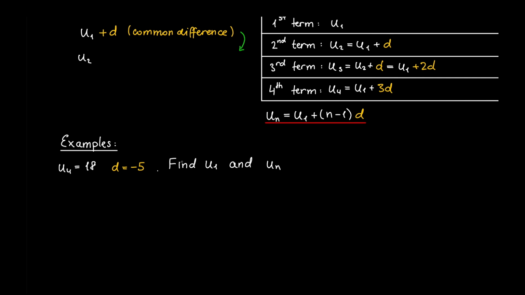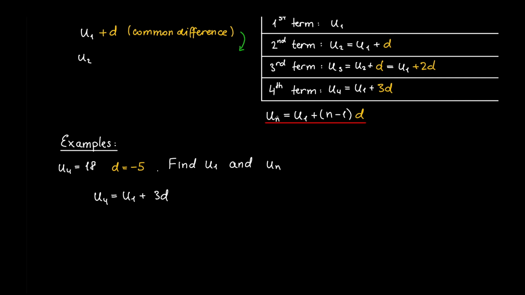So let's first apply the formula in order to find u1. Here we can set un as u4. So u4 technically is equal to u1 plus 3 differences. This comes from the general formula 4 minus 1 differences, which is the same as 3 differences.